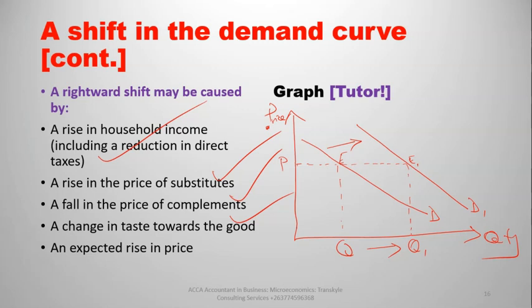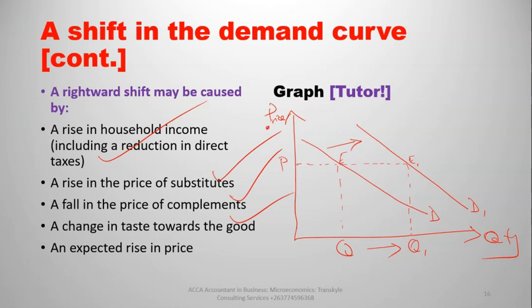So they start to demand more of solar products. So a taste towards the purchase of solar products is now increasing, is now becoming good. All right, so a positive change towards the good, in terms of taste, also affects demand.